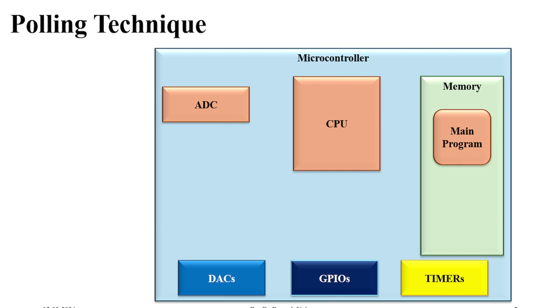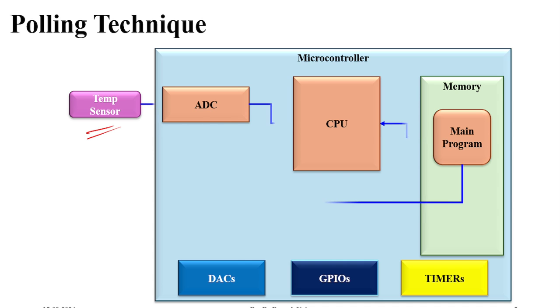When we talk about the polling technique, suppose there is an external sensor connected to one of the ADCs of a microcontroller. The ADC reads the value of the temperature sensor and passes the ADC values to the CPU for further processing.